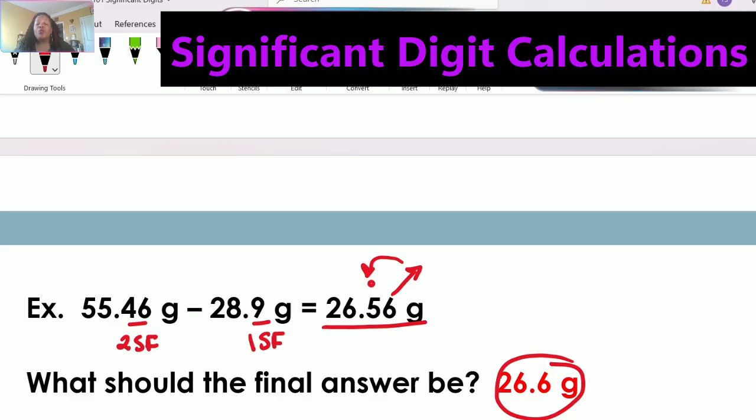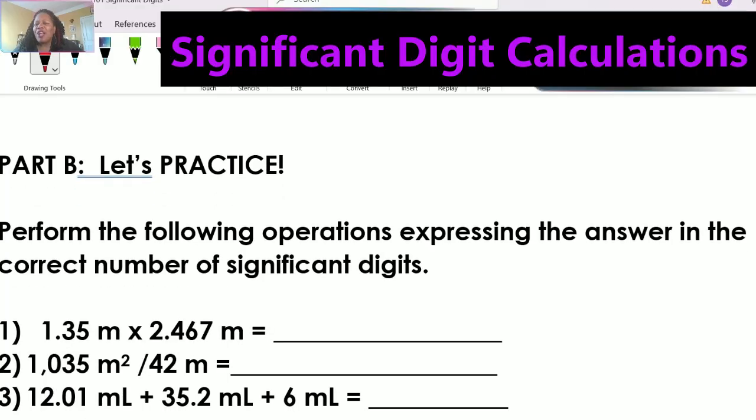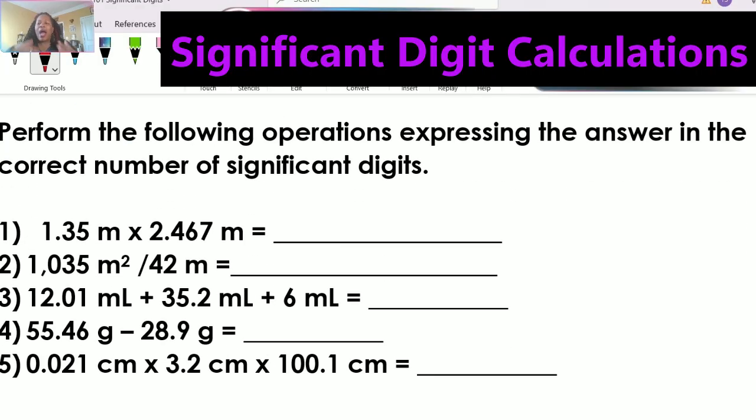Now, we're going to do some more examples, okay? We're going to practice. I'm going to scroll down, because before I show you the multiplication and division rule, I want to make sure that you guys understand how to do the addition rule first, okay?